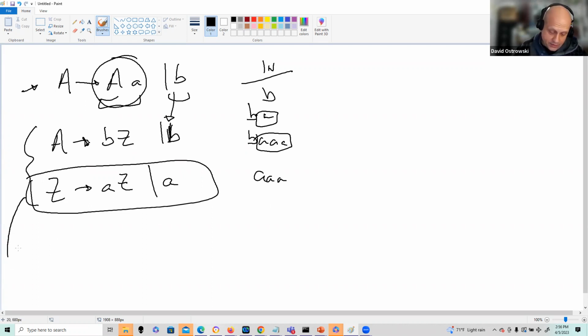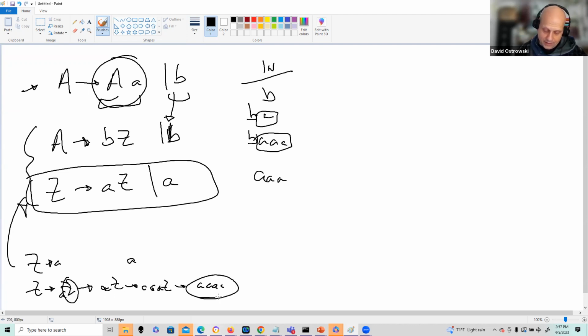So if I consider this as a separate language, I can say Z goes to A. That would be one word that exists in that language. And I can have Z go to AZ and replace that Z with another AZ, right? And so on and so forth.